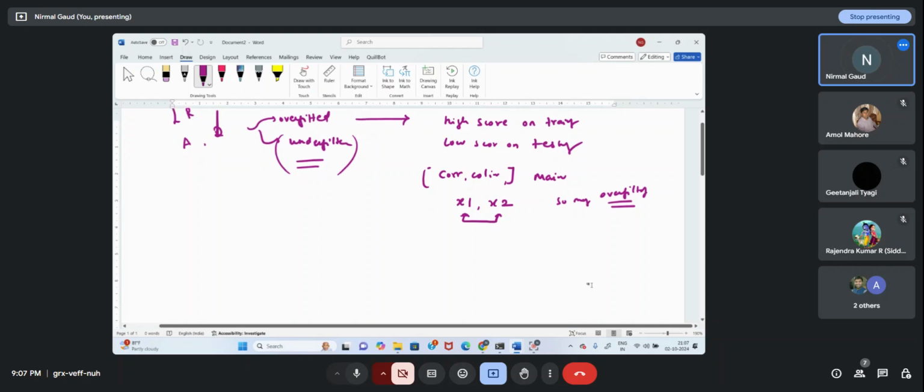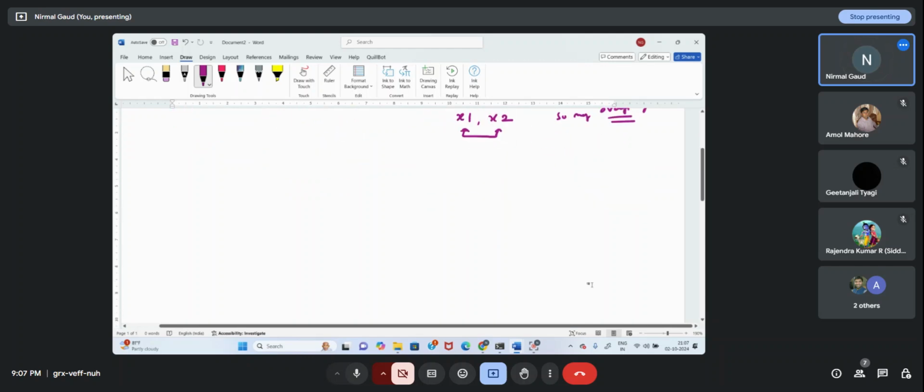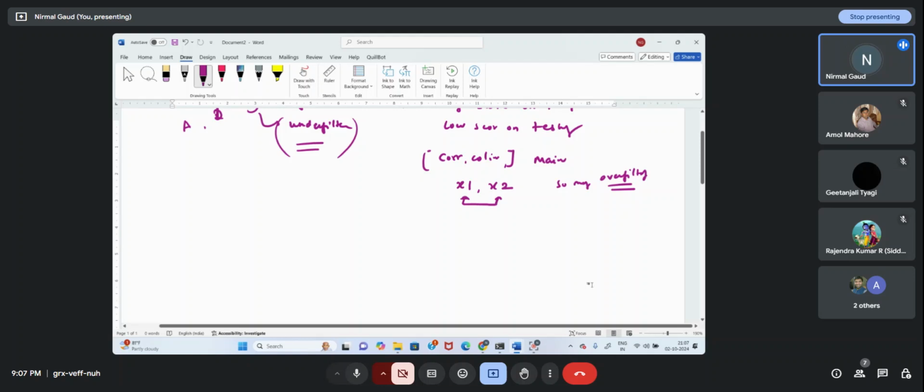And in the case of underfitting, either you haven't done your data pre-processing properly according to the requirements of linear regression, or there is a polynomial relationship, which is why you are getting a low score and high error.